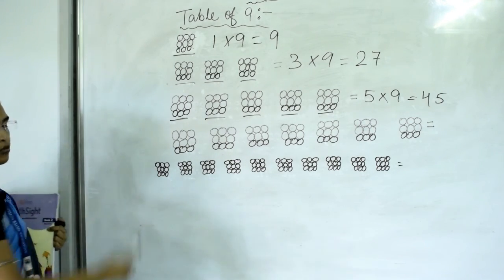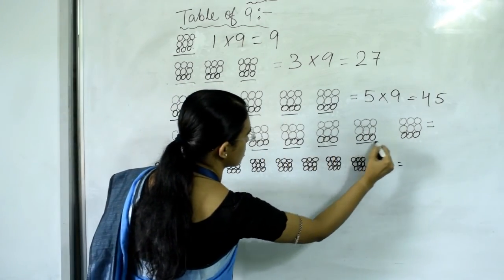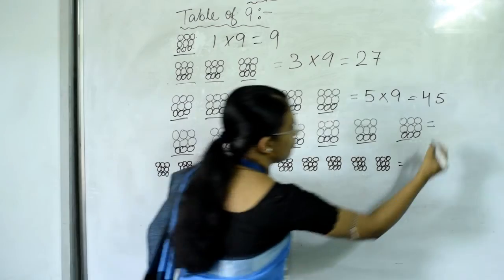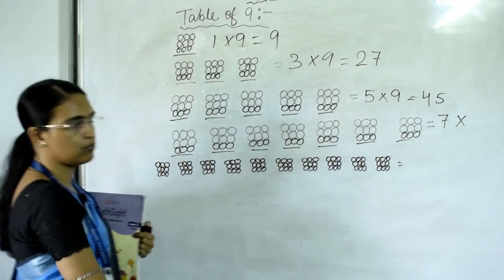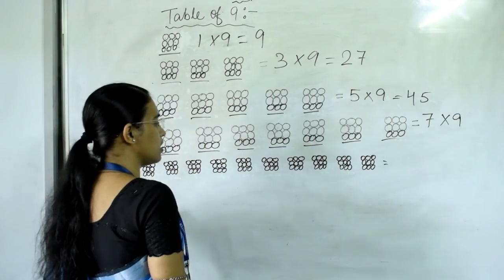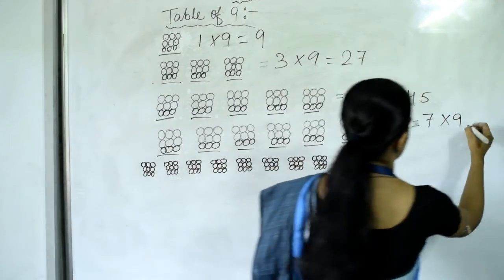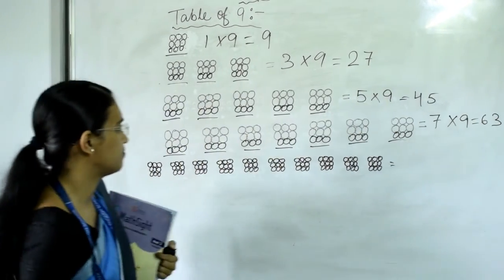Okay, now here how many groups do we have? 1 2 3 4 5 6 7. 7 groups. For that we have written 7, and each group has 9 balls, that's why we have written 9. So 9 7s are 63.